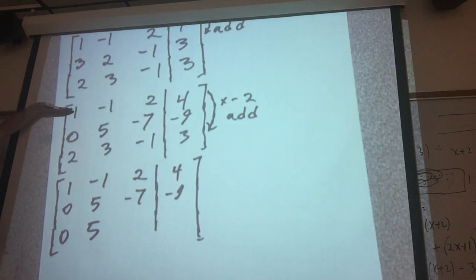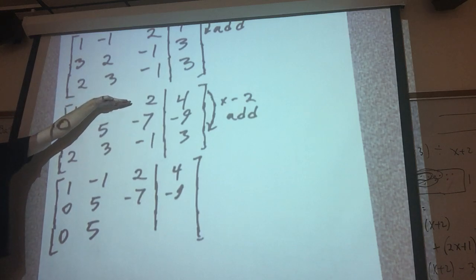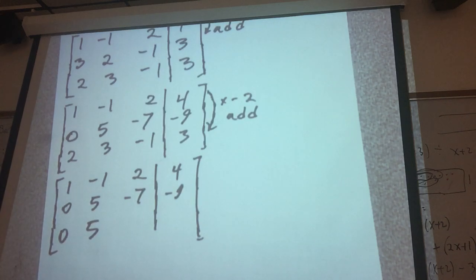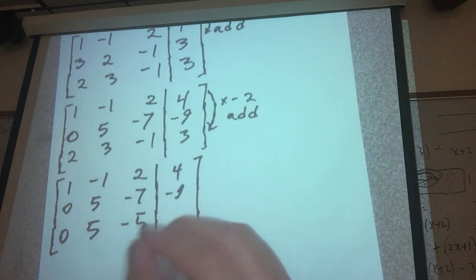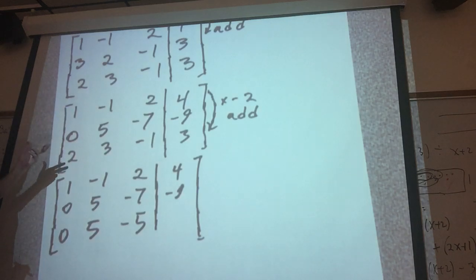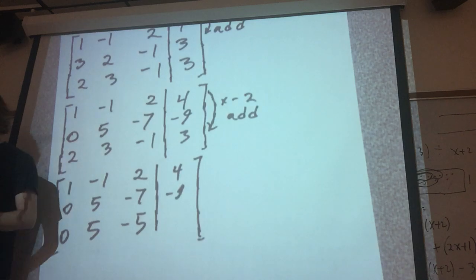Now, -2 multiplied by this row, -2 times 2 is a -4, and then a -4 plus a -1 is -5. Okay. Now, top row, 4 times -2 is -8. -8 plus 3 would be a -5.